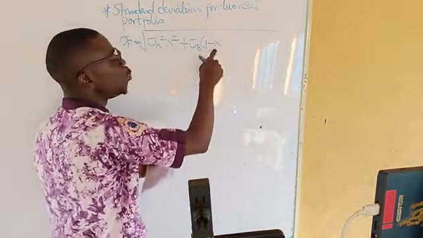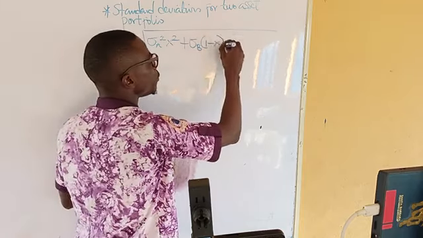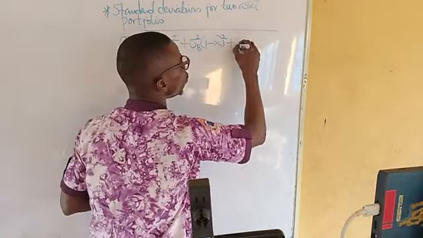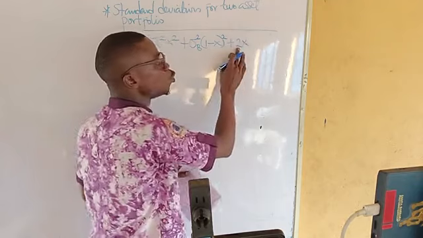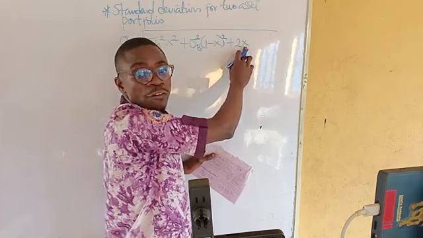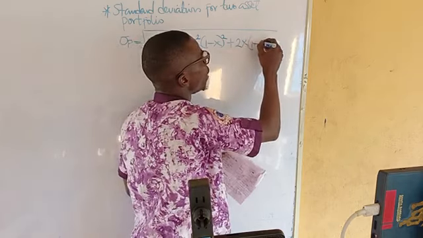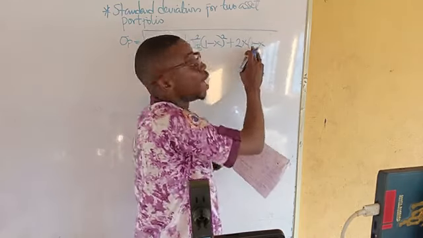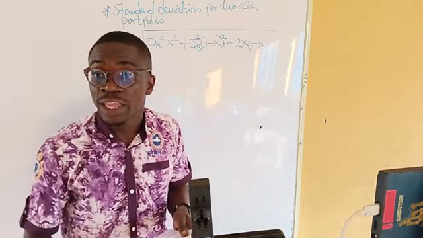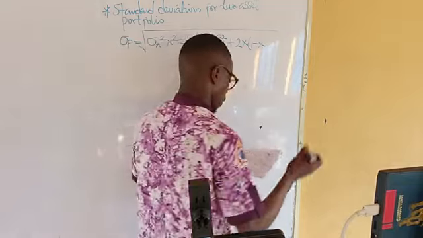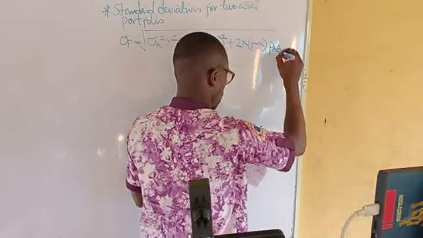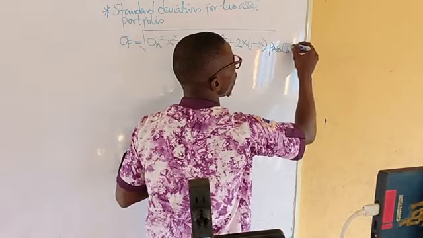So 1 minus the weight of funds to be invested in A. This one is raised to power 2, plus 2 times the weight of investment A times 1 minus the weight of investment A. 1 minus X is the weight of investment in investment B, times the correlation coefficient of A and B, times the standard deviation of A times the standard deviation of B.